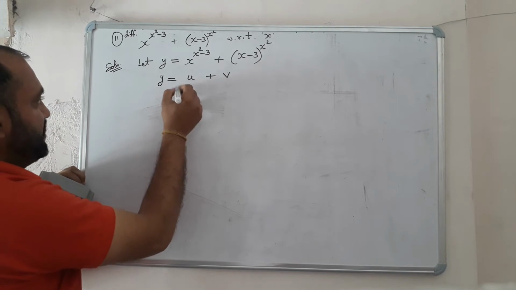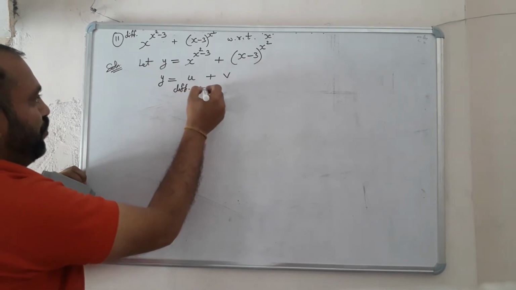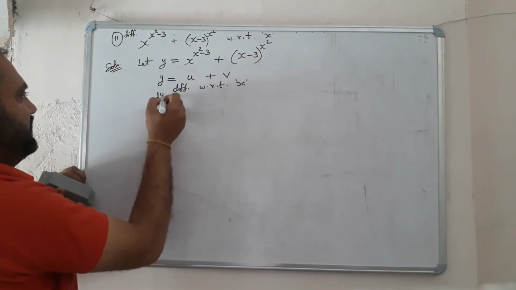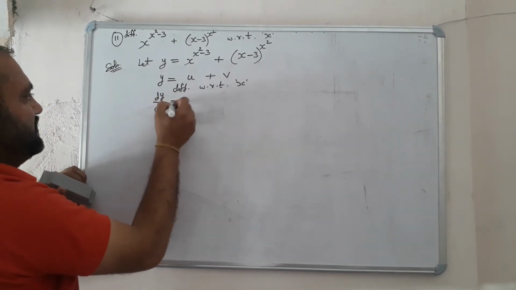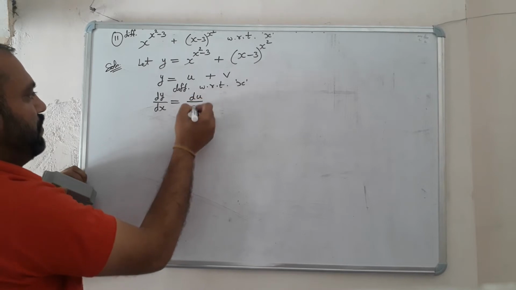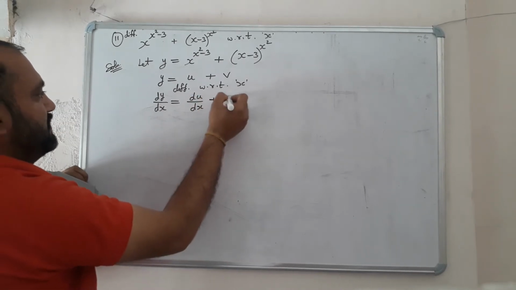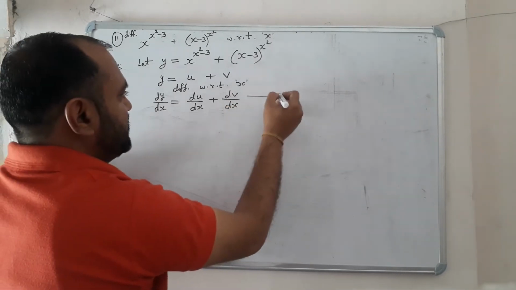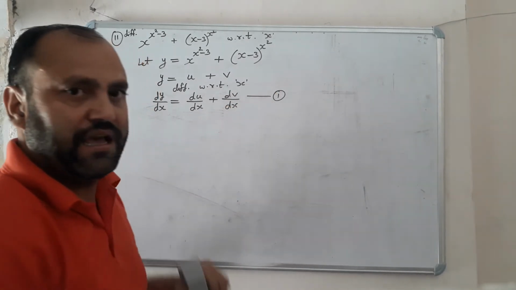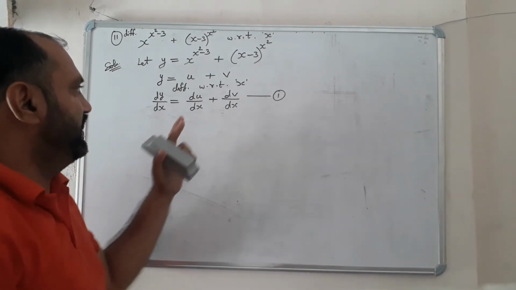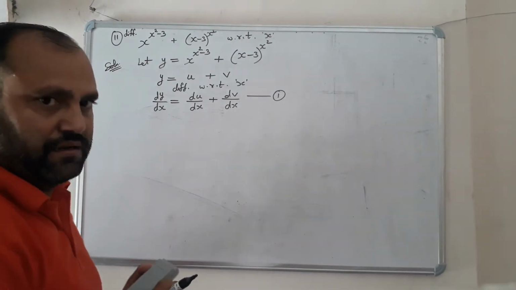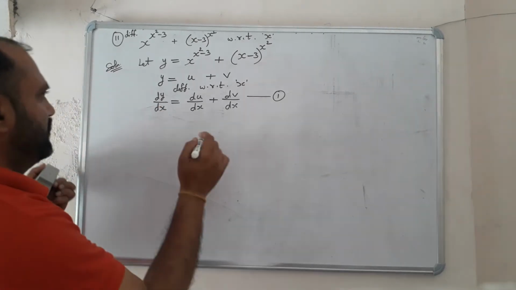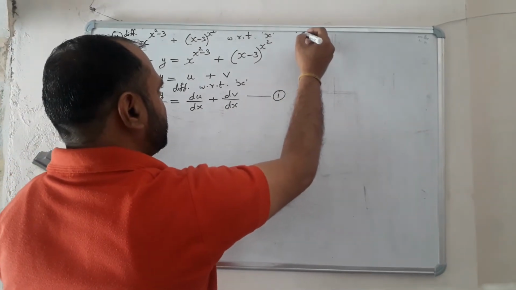Now differentiate both sides with respect to x. We have dy over dx is equal to du upon dx plus dv over dx. Consider this as equation number 1. As we have done in previous question number 10, this question is similar to that, right. So let us do this.